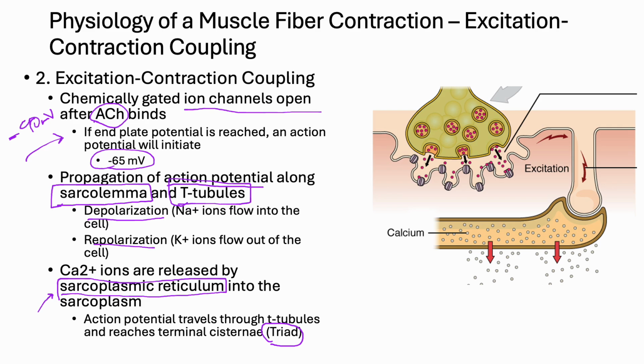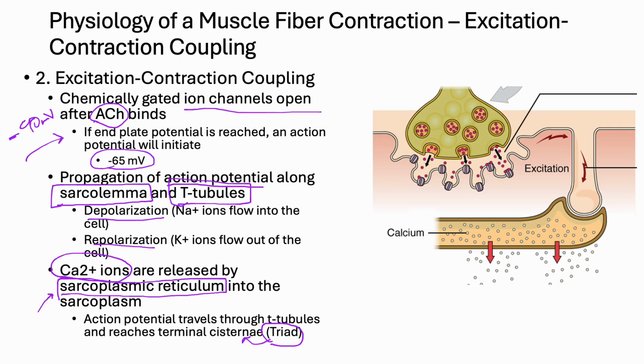Once it reaches what's called the terminal cisternae, a portion of the sarcoplasmic reticulum that is next to the T tubules, so we have a T tubule with a terminal cisternae on either side. So it's like 3. That's why it's called a triad. When that happens, it triggers calcium ions to be released by the sarcoplasmic reticulum.